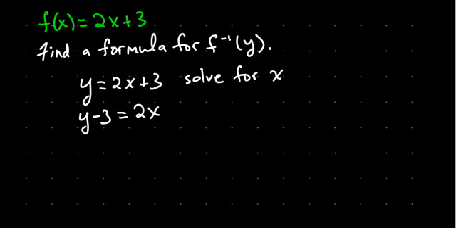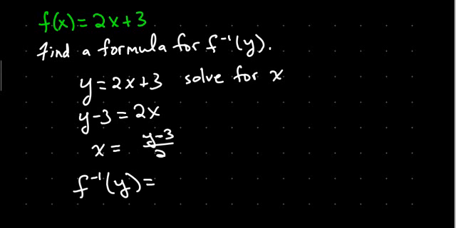Now dividing both sides by 2, we get that x equals y minus 3 over 2, and that's our inverse function. That is f inverse of y equals y minus 3 over 2.